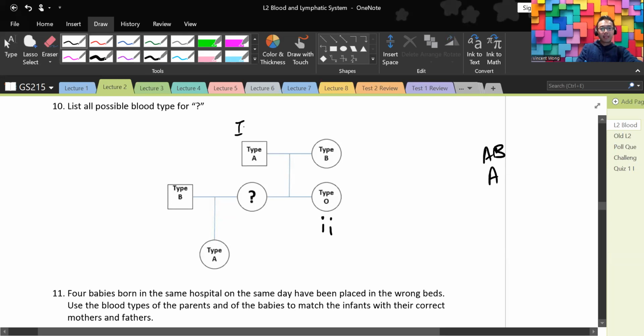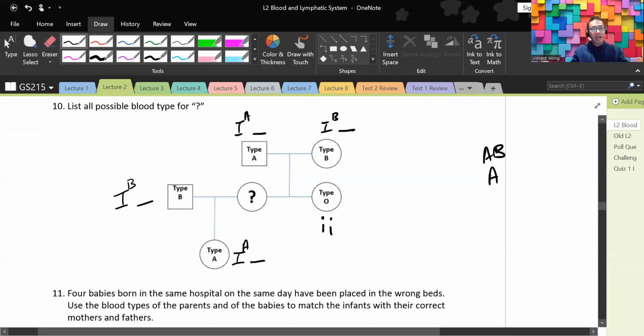Type A is going to be IA something. Type B is IB something, right? It could be IA IA or IA little i. Over here it could be IB IB or IB little i. We don't know yet, and we'll figure it out. Over here, it is going to be IB something, and over here is going to be IA something.